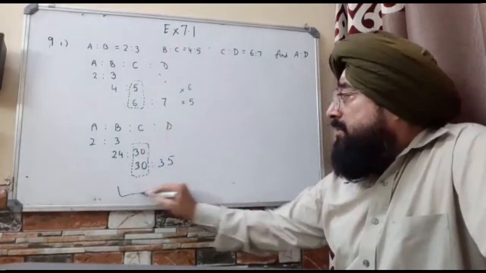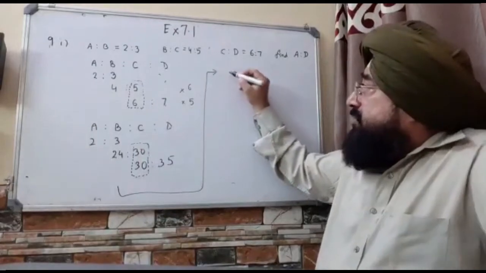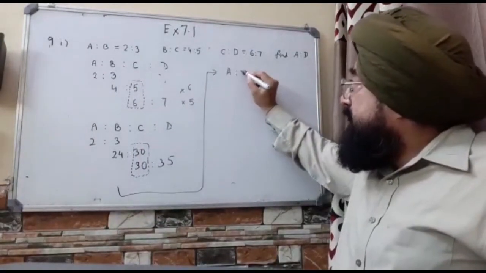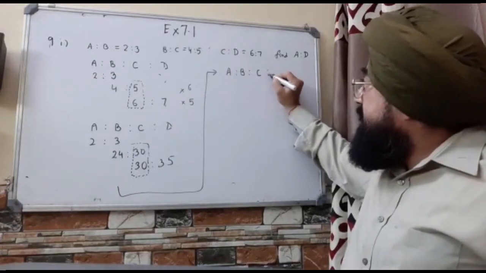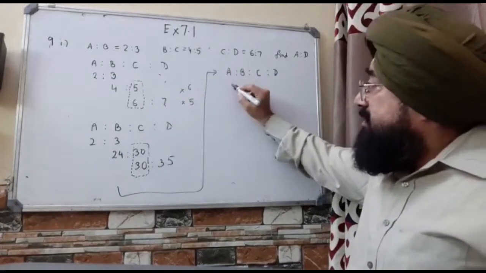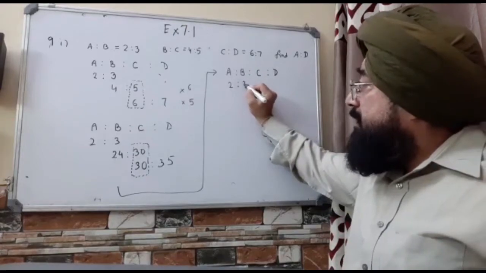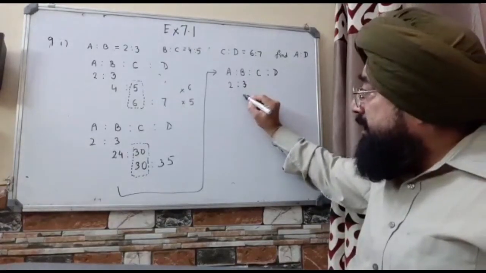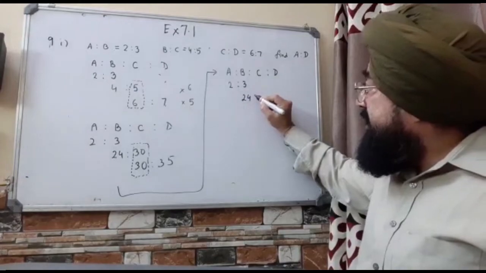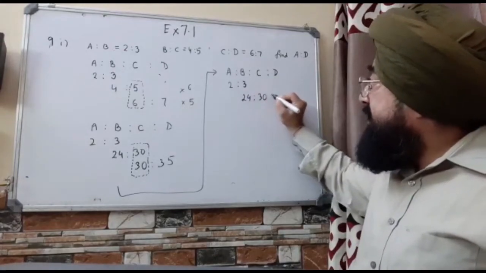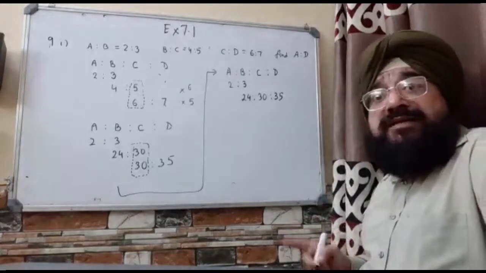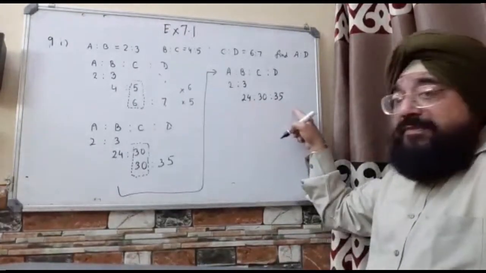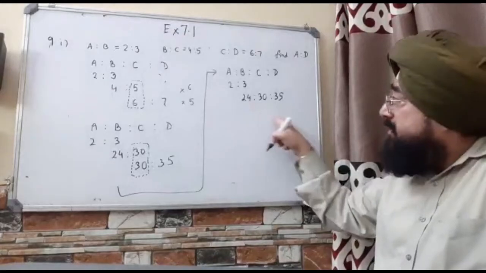And therefore, I can now assume A is to B is to C is to D. That is, A is to B is 2 is to 3, but B is to C is to D, 24 is to 30 is to 35, has come in one line. See, B is to C is to D has come in one line. Could you follow this? Yes, sir.